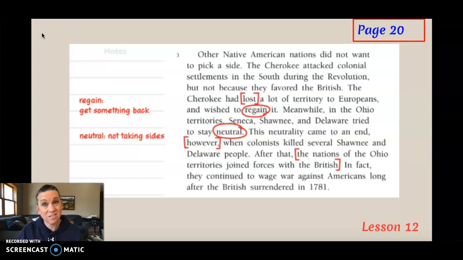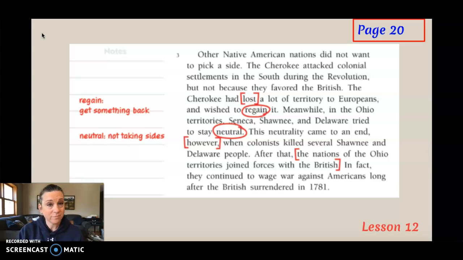However means it's contrasting what the word neutral is. The nations of the Ohio territories joined forces with the British. So not taking sides is what neutral means. The nations of the Ohio territories, they took a side. They took the British side. Where the three other tribes, they wanted to stay neutral.